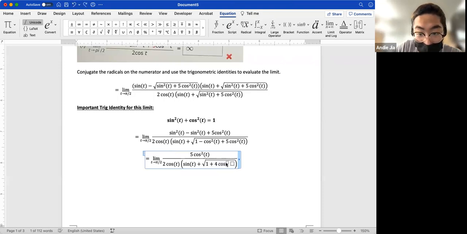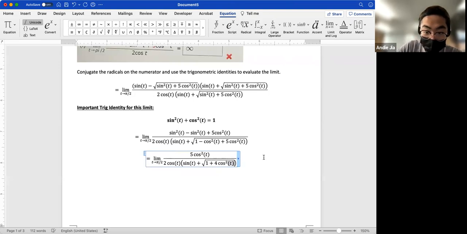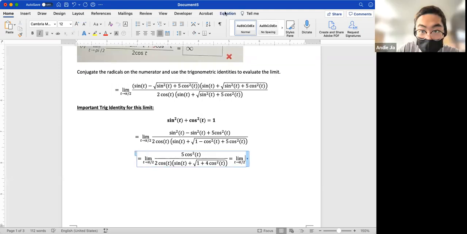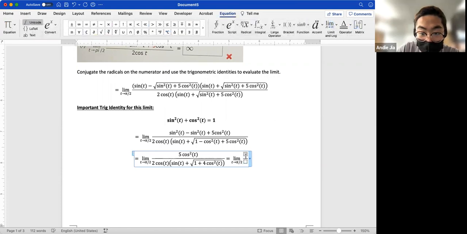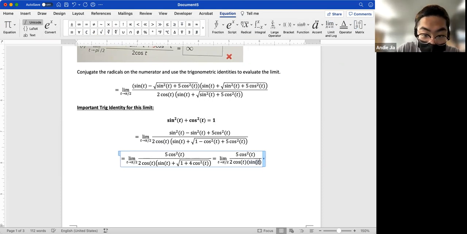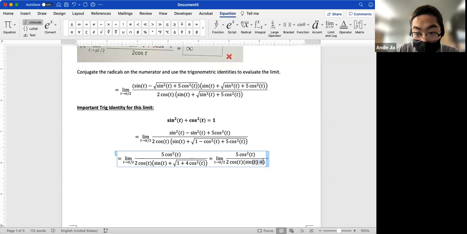Sorry, because I need to type everything here, that's why it takes a lot of time. Then we can also write the limit as 5 cosine squared of t over 2 cosine t, multiplied by sine of t plus the radical of 1 plus 4 cosine squared of t.